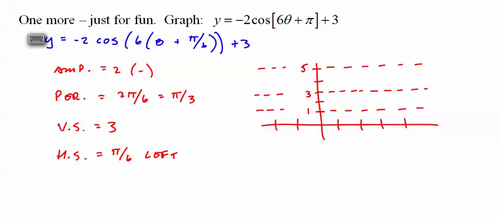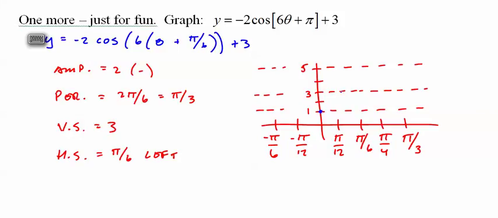You'd probably say, well, that's not going to happen. You'd be surprised. Pi over 3, half, pi over 6, pi over 12. Holy heck. 1 pi over 12, 2 pi over 12, 3 pi over 12, 4 pi over 12, negative pi over 12, negative pi over 6.